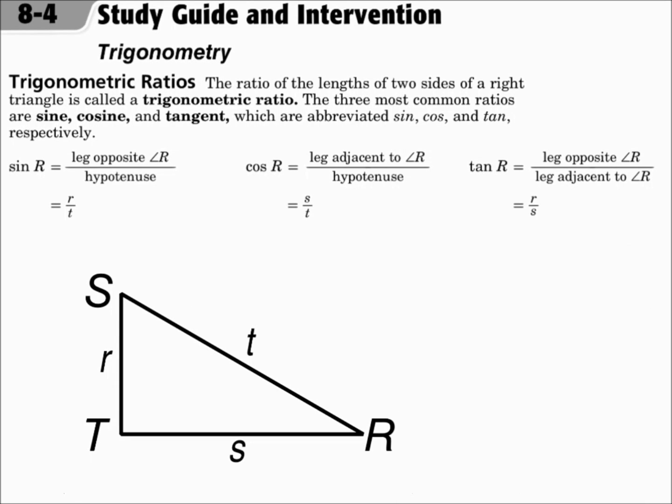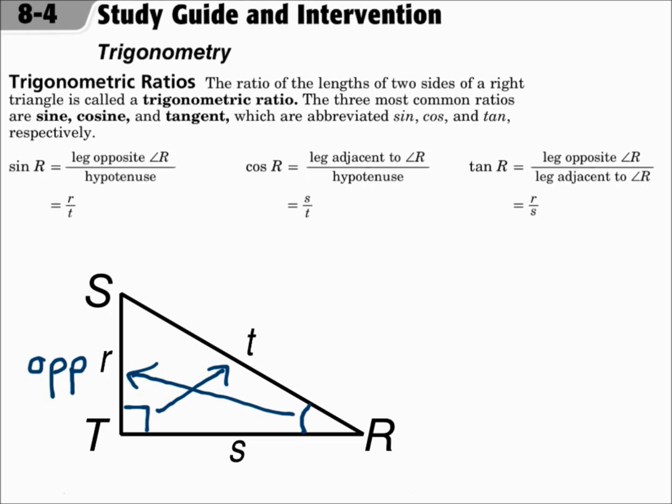So in this triangle, I have right angle T, and I'm taking my trigonometric ratios with respect to angle R. Now I need to identify the opposite leg, the adjacent leg, and the hypotenuse. The opposite leg is the side that's opposite angle R. If I draw across the triangle, then that side is the opposite side.